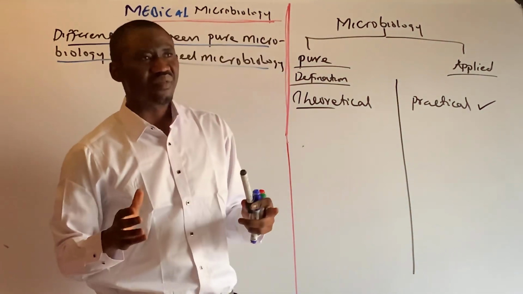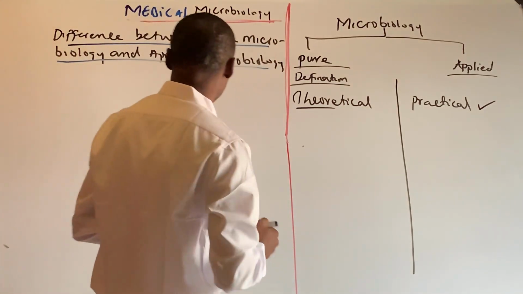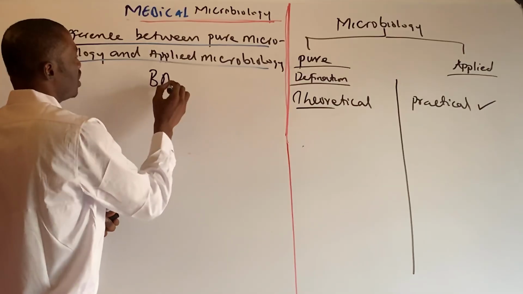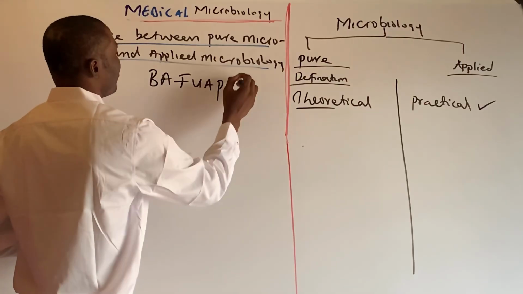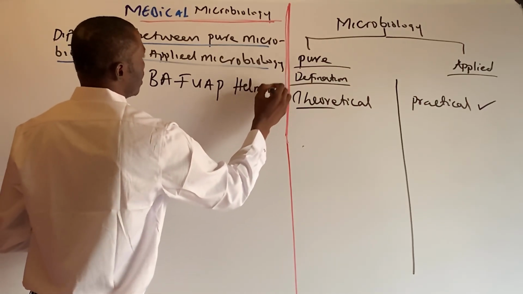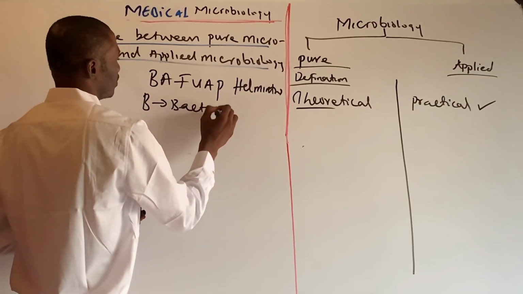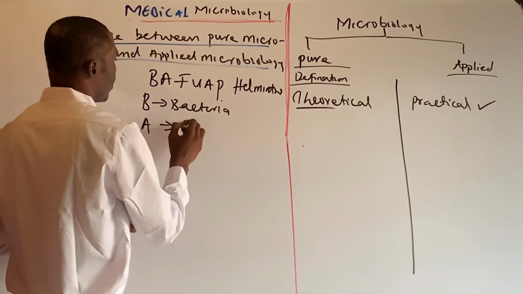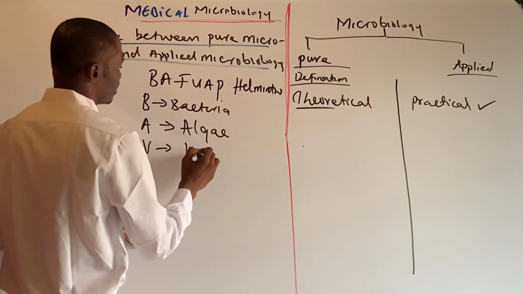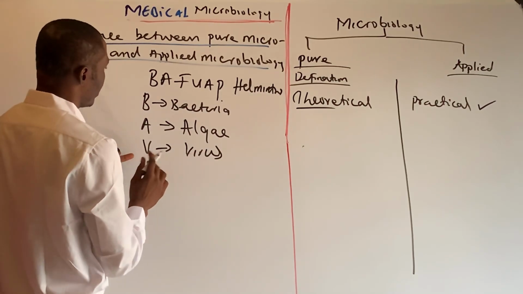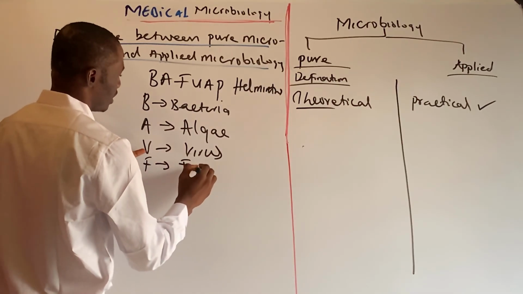All right, having understood that, we want to look at the microorganisms that we study in microbiology. And for these microorganisms, I have a word for them, which is BAFAP helminths. Now, B is for bacteria. A is for algae. V is for virus. F is for fungi.